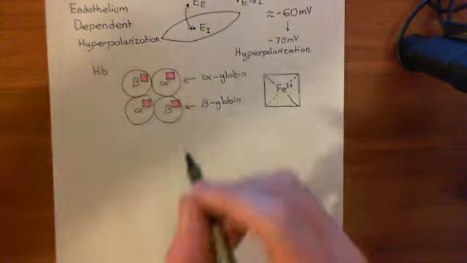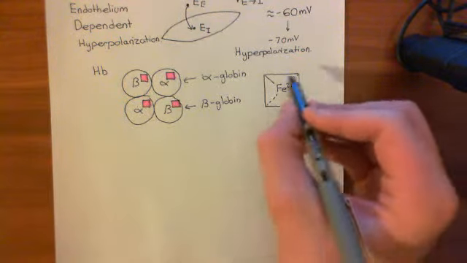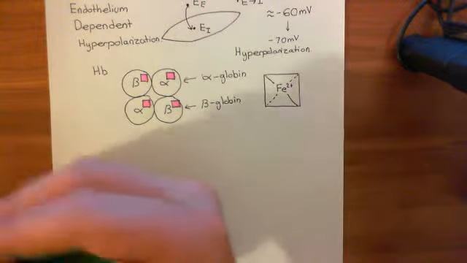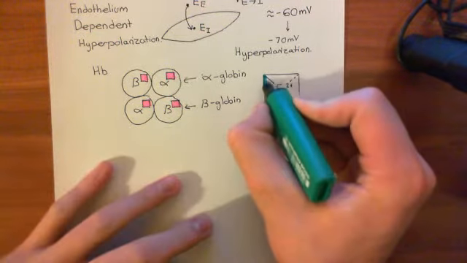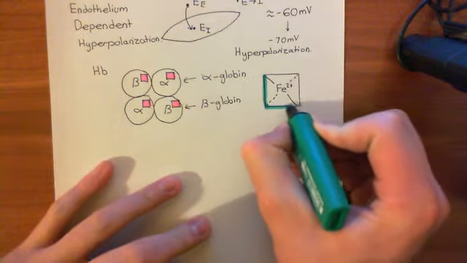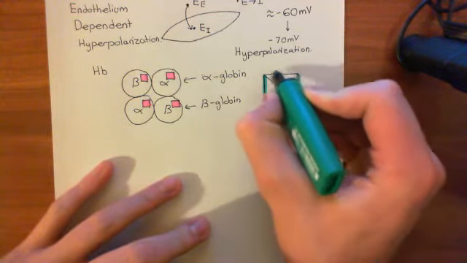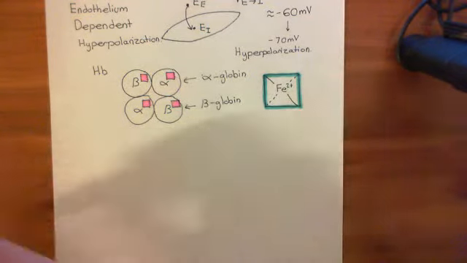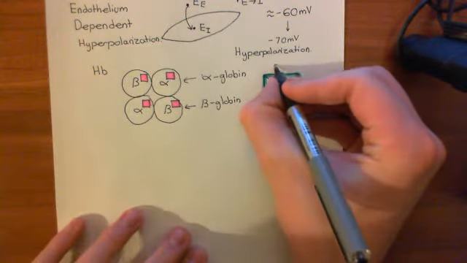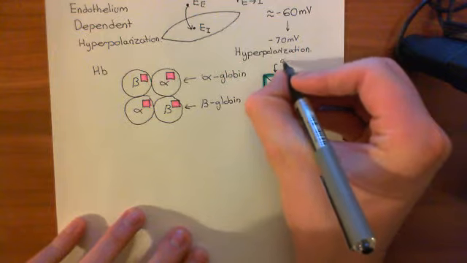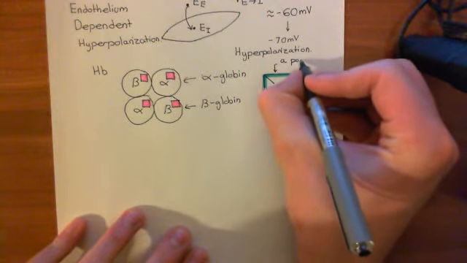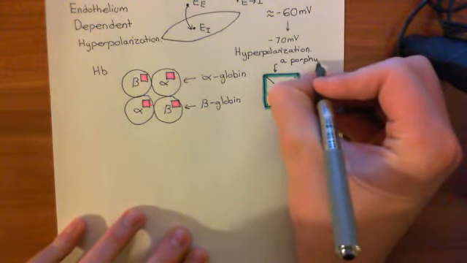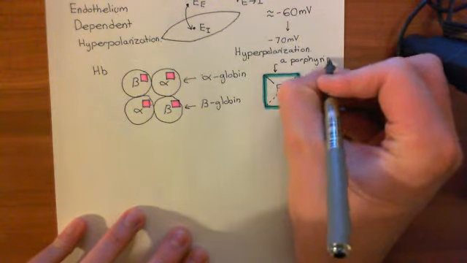So this ring surrounding the ferrous cation, let me colour this in, is a porphyrin ring, and I say it's a porphyrin ring rather than the porphyrin ring because a porphyrin ring is a very general chemical structure. The porphyrin ring that you use in hemoglobin is a very specific example of a porphyrin ring.